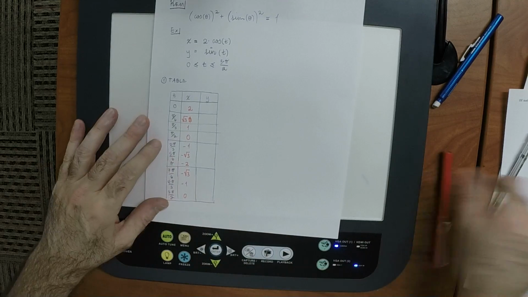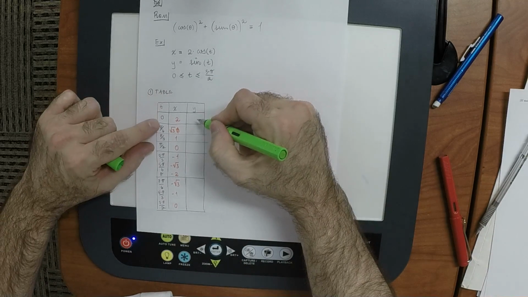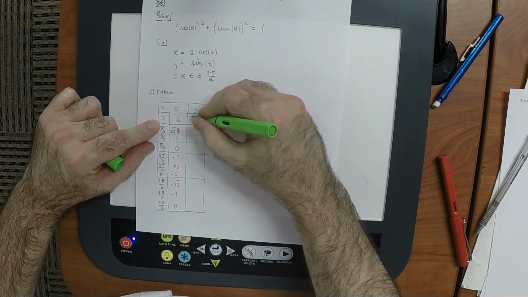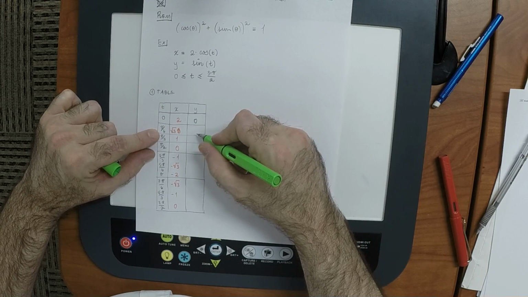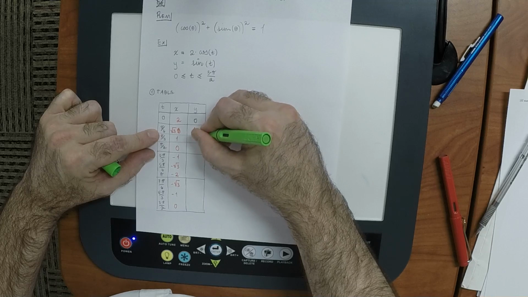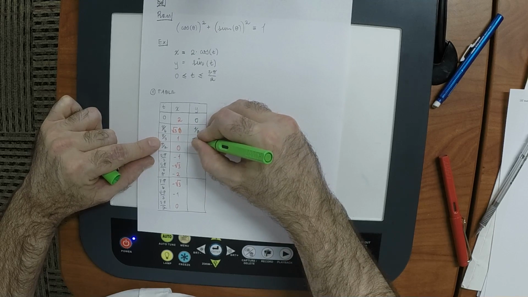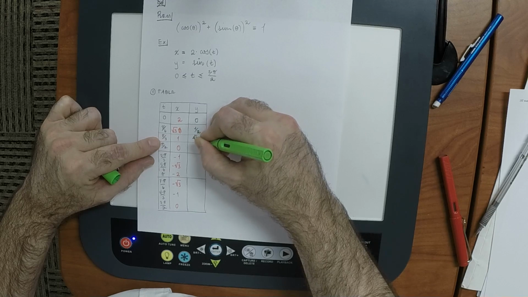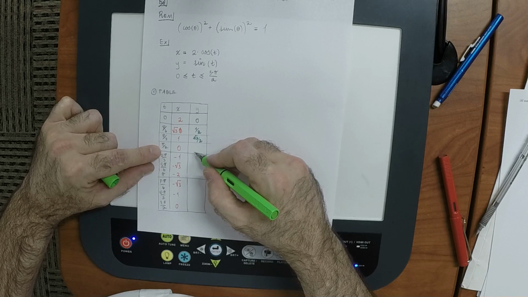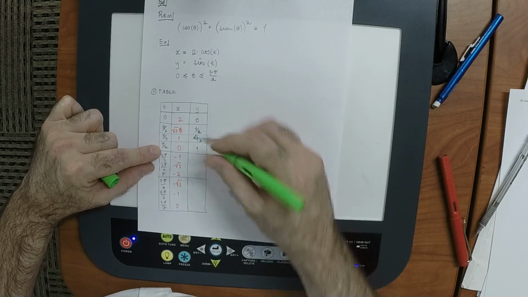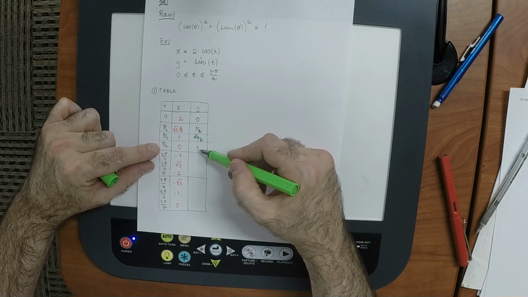All right? Now let's do sine. What's the sine of 0? 0. The sine of pi over 6? Half. Sine of pi over 3? Square root of 3 over 2. And the sine of pi over 2? 1. Okay, so we went from 0 to the maximum of sine.